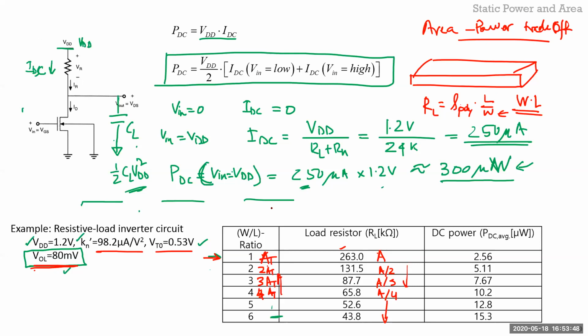When you add the total area, the MOS plus the area of the resistor, the total is actually still decreasing, because the resistor is usually the significant part of the area when you're doing a design like this. Even though the transistor area is increasing slightly, the total area is still decreasing, but your power is increasing. So that's the trade-off.